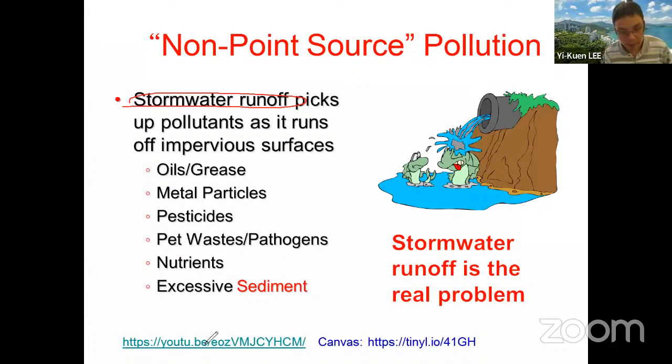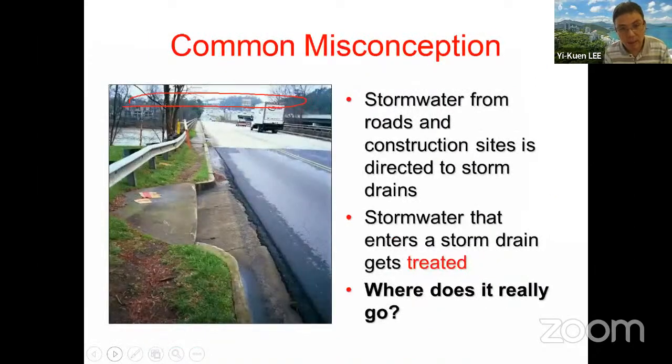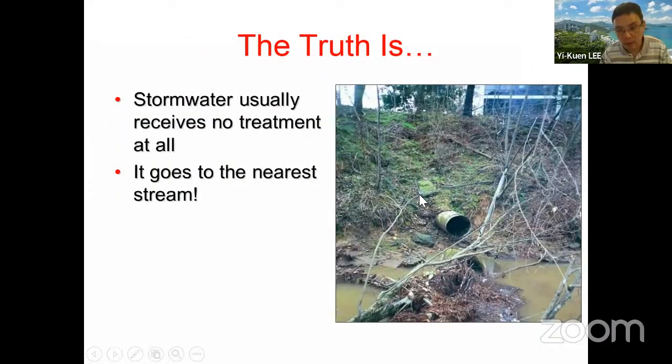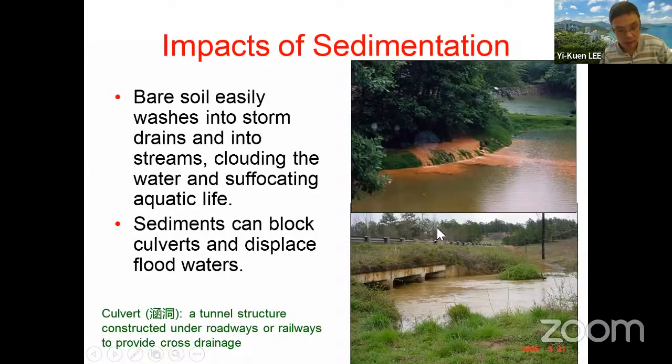Of course, the key issue is how we can really minimize this problem, stormwater, and the trouble it creates. This is an important issue, right? If we don't solve the problem, it creates big pollution issues. I think all of you have seen this kind of sedimentation.